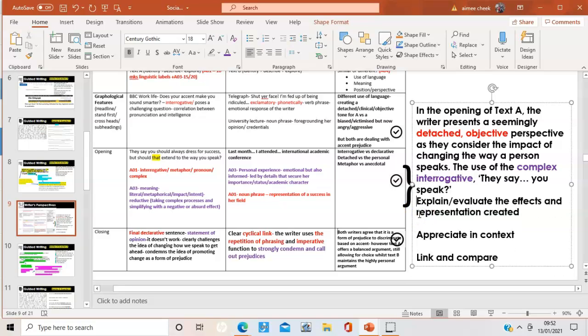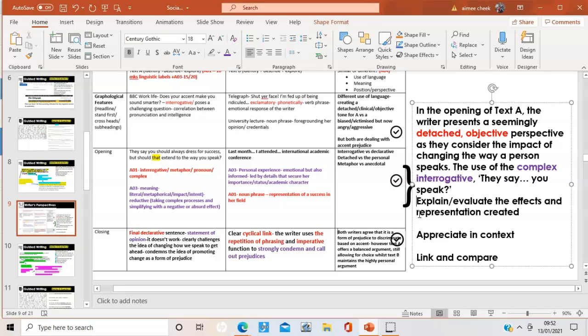So the use of the complex interrogative. Now, what have I got to explain? This is why it's about cohesion, and this is what I'm trying to illustrate. Really, I could go off in a generic way: the use of the question or the use of the interrogative shows that the writer is questioning the reader. Now, that is an explanation, but it's generic. What I really want to do is explain, what is the point of this particular question?